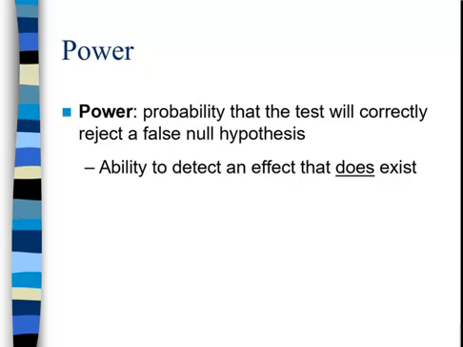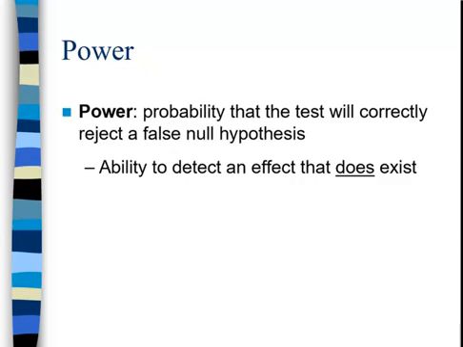We want to be able to say that there is a significant difference, and we want to be correct in saying that there's a significant difference, right? So if my treatment has an effect, right? If the population that my sample comes from really is different from the known population, will I be able to detect this effect?